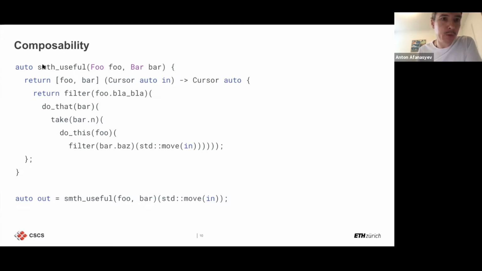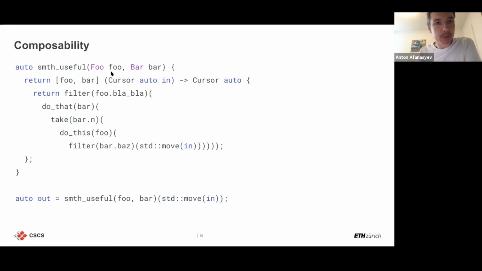For example, say we have some algorithm with parameters. It takes a cursor and returns a cursor, as is clear in the definition, and we want to first filter our input data.